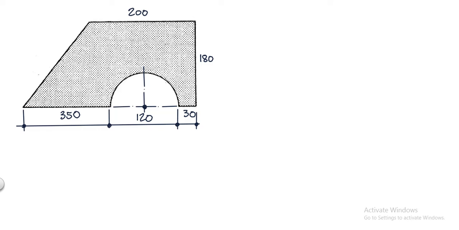There's a next one there. We have a lamina, it's got a triangular bottom, rectangular, and a semicircular cutout. What's the first thing we do? We divide it up into shapes that we know, shapes of known geometric properties, like the ones I showed you earlier.